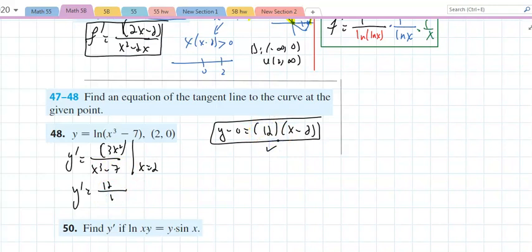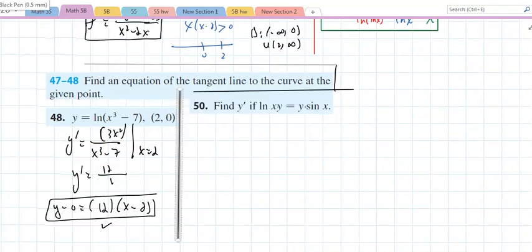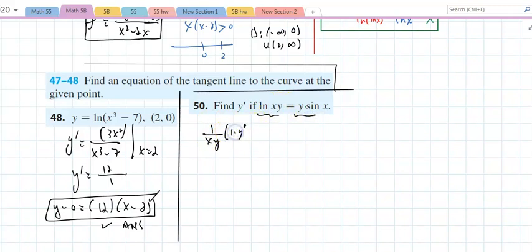There's my answer. Number 50 says find y prime given the following. So I rearrange things a bit. There's the answer. So derivative is 1 over xy times derivative of the argument, 1 times y prime plus x, 1 times y plus x times y prime, equal the product rule, y prime times the sine of x plus y the cosine of x.